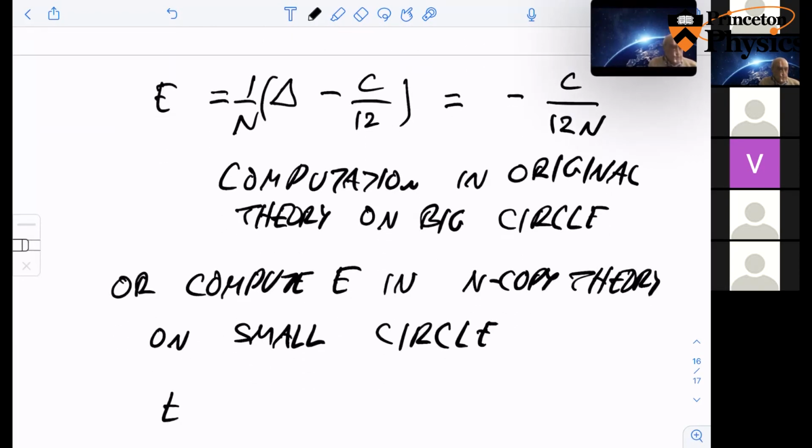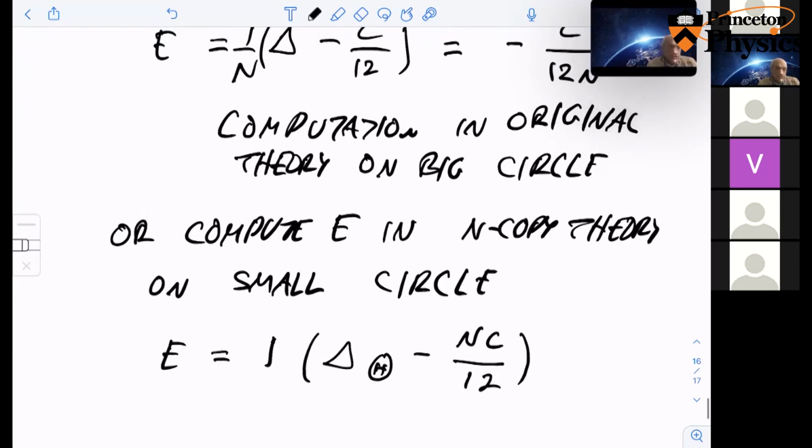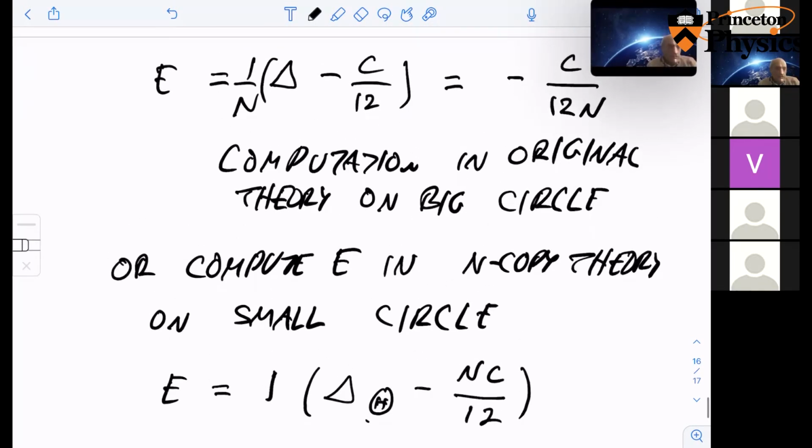Then there's no n. The 1 over n is replaced by 1, but delta has to be replaced by delta theta, and c has to be replaced by n times c, because the n copy theory has c which is n times bigger. So the second computation says that the energy is 1 times delta theta minus n times c over 12.